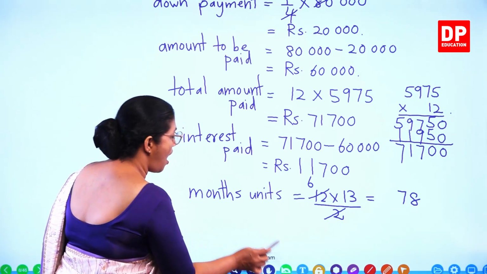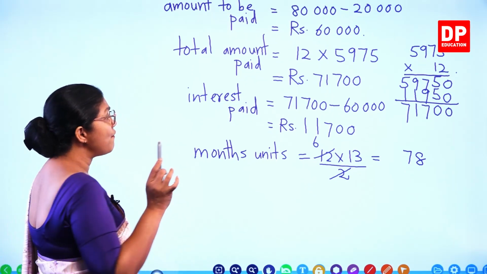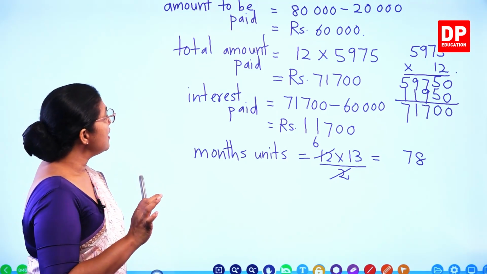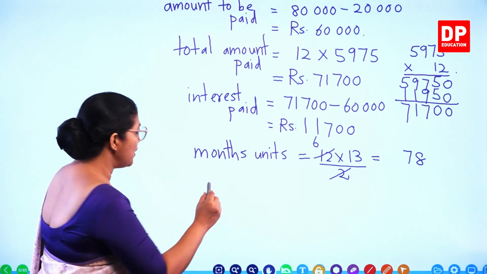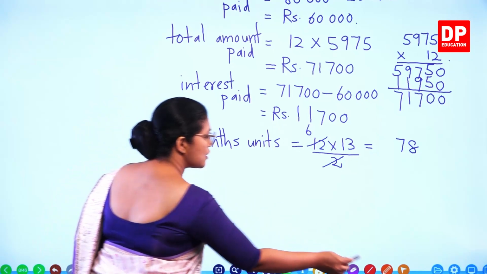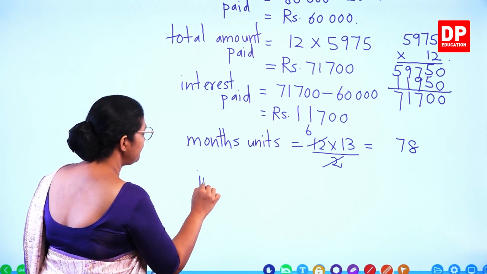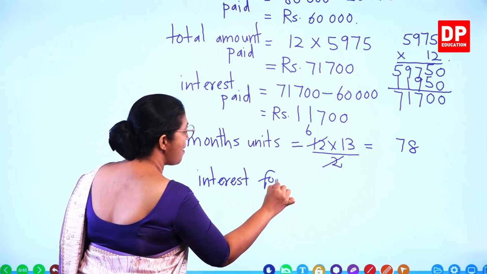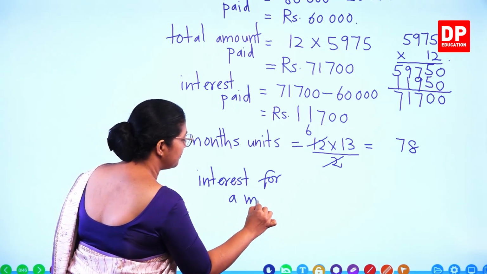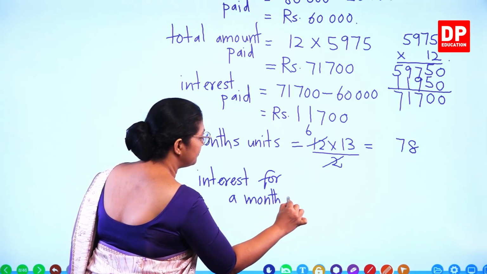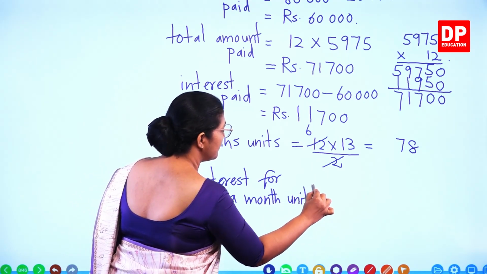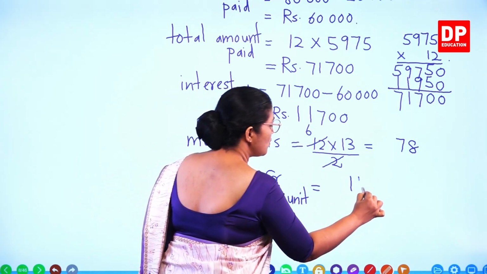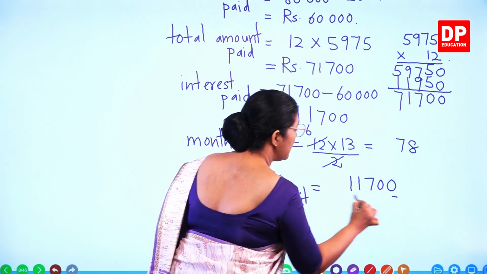So after you get months units, you can find out what's the interest for a month unit. What's the interest for a month unit? Interest for a month unit. 11,700 is the total interest.